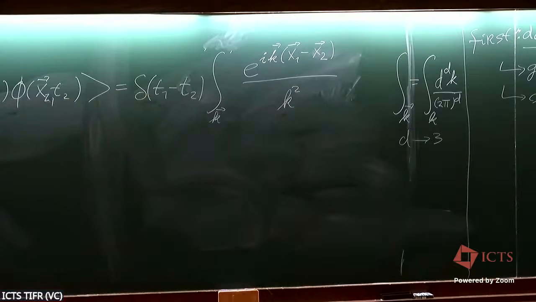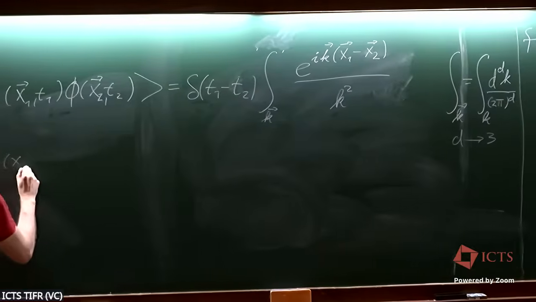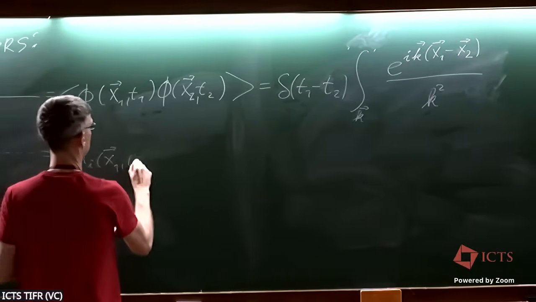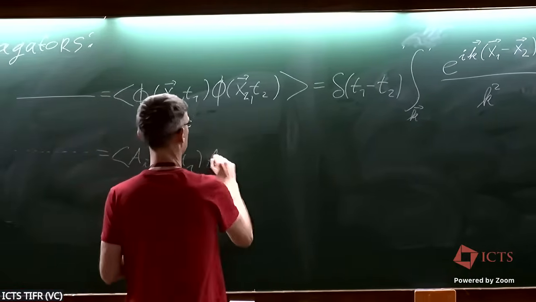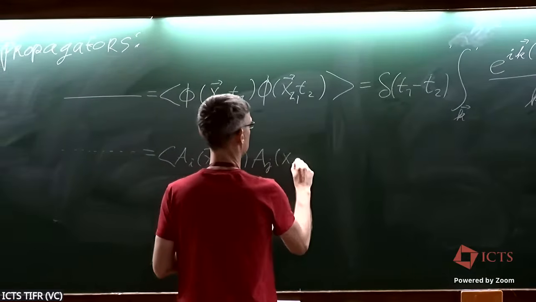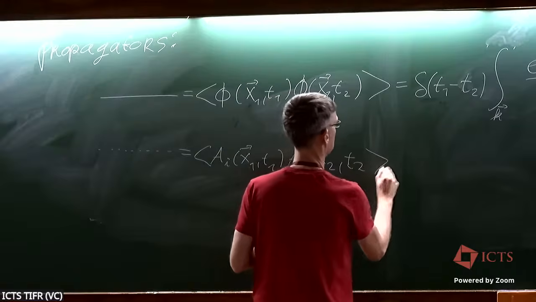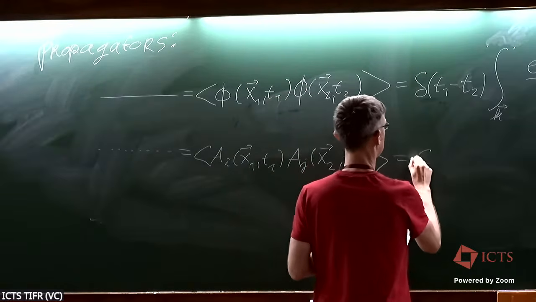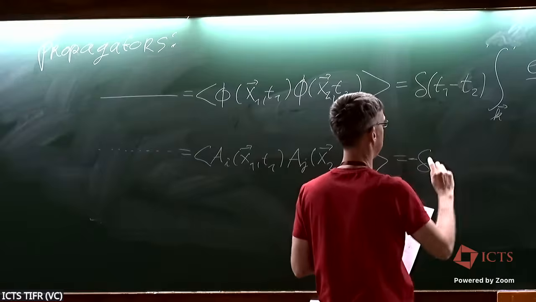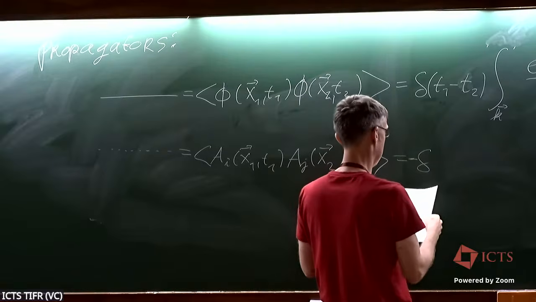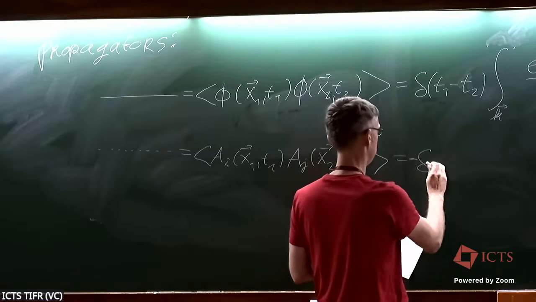Okay. And now we have the same for the other propagators. So we have a propagator for A. And again, it basically looks the same like this one, except that we have a minus in front.